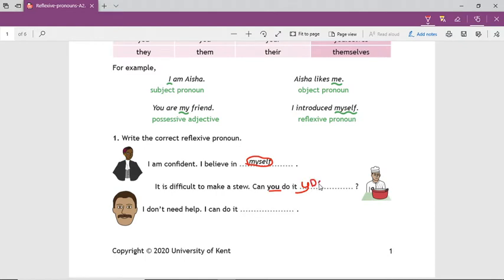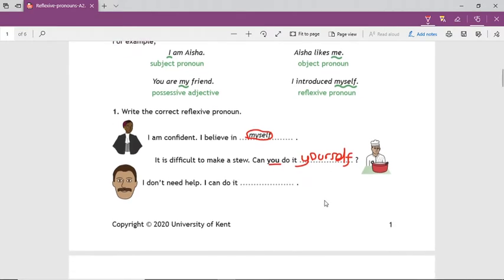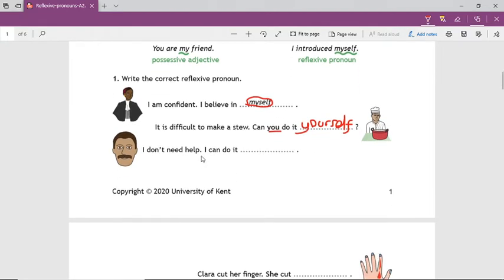Can you do it? Yourself. Apologies for the absolutely disgraceful handwriting, but I think you can make that out. YOURSELF.